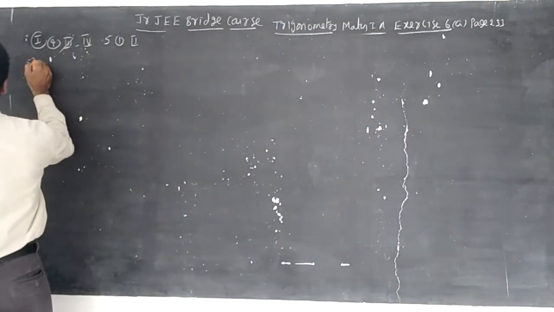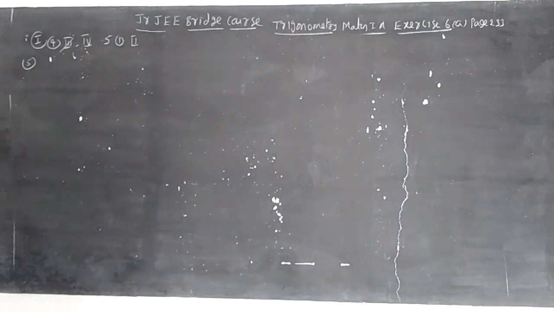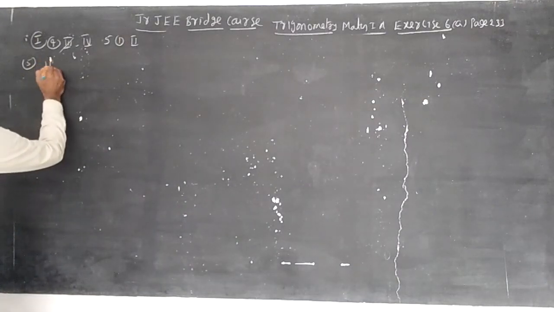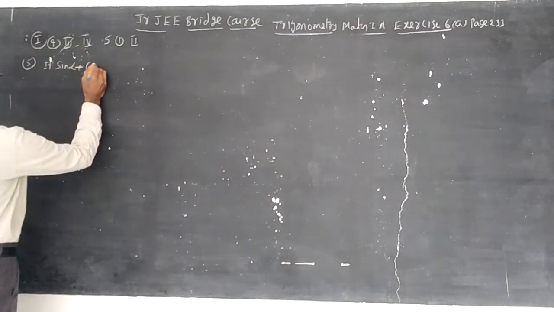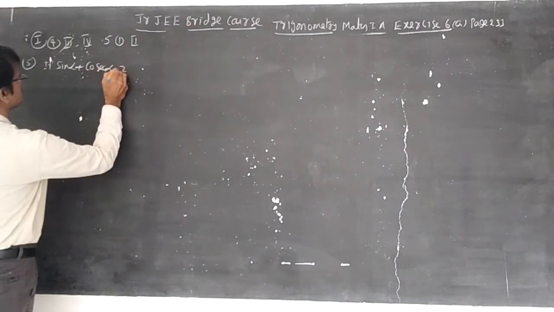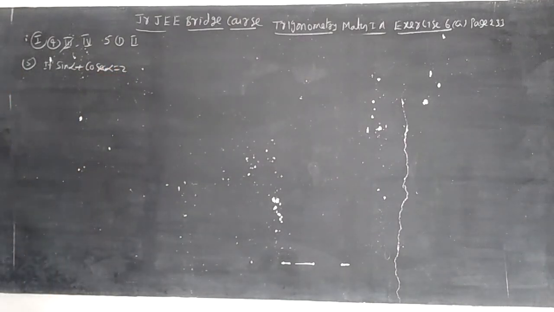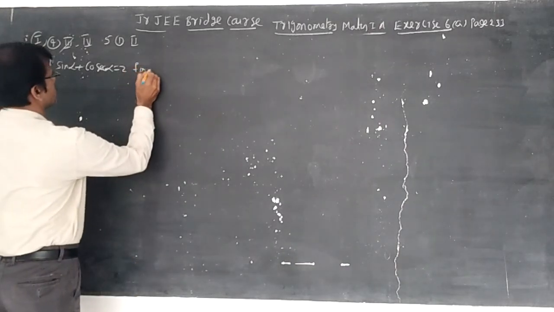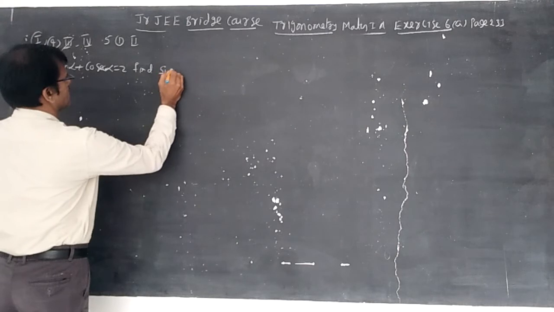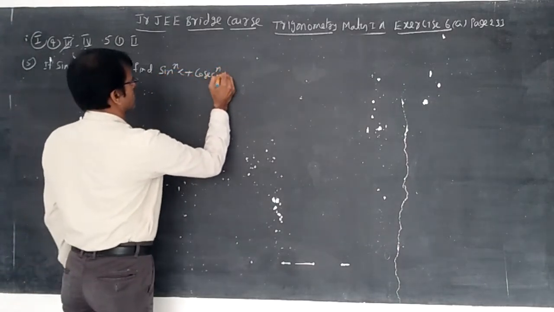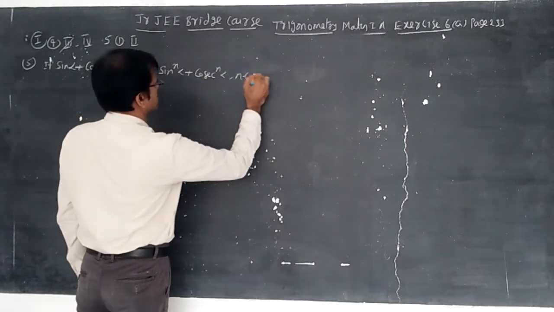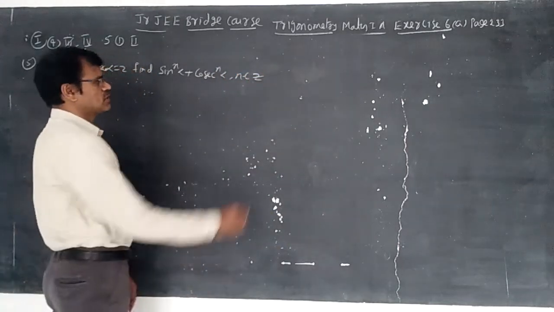If sin alpha plus cosec alpha is equal to 2, find the value of sin power n alpha plus cosec power n alpha, where n belongs to Z. Z means integers, positive or negative.